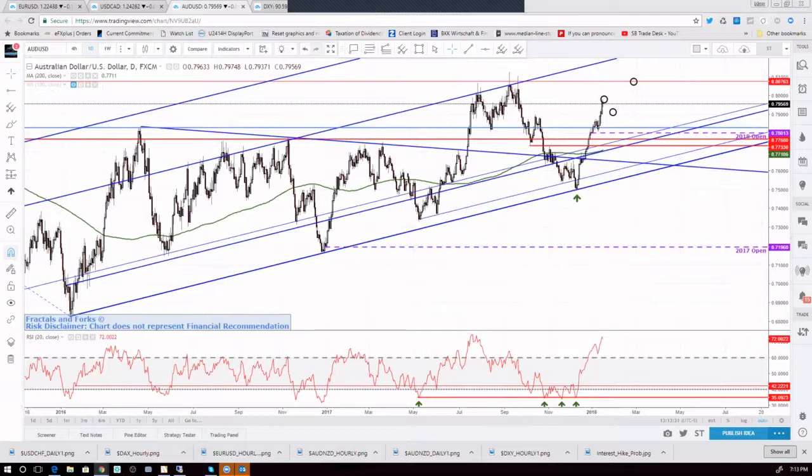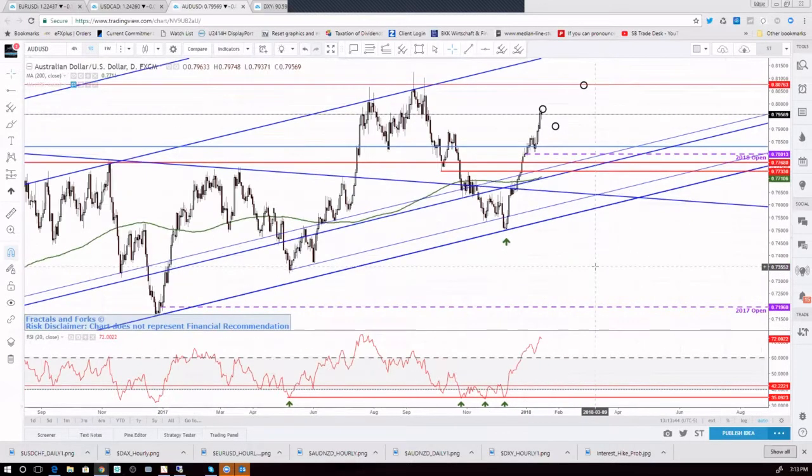Aussie, what is it? Home loans and investing, lending for homes. So either that would be the catalyst for the pullback, or we get to that 80 cents that I'm thinking, at least 80 cents.